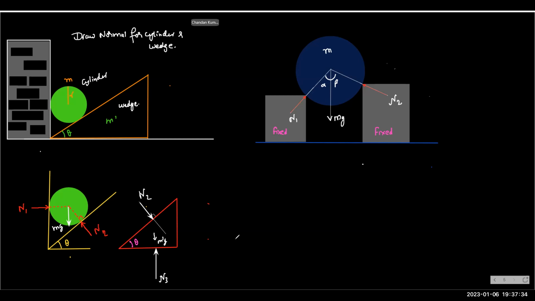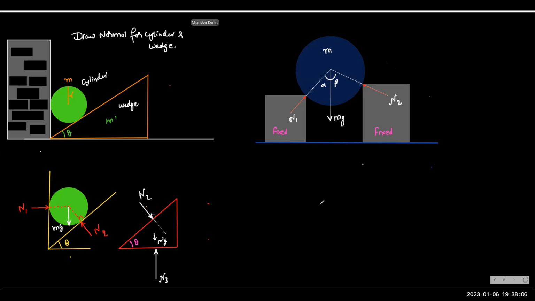Okay. So I think normal is pretty much okay. You know how to draw it. In different contexts, things will change for sure. You're supposed to only understand the basic thing, and then as questions come, I hope you all can draw it with confidence.